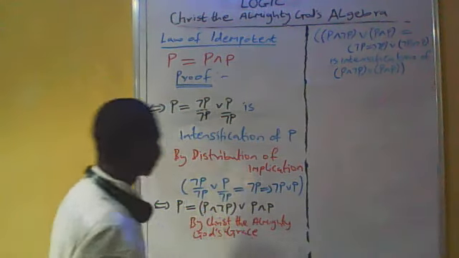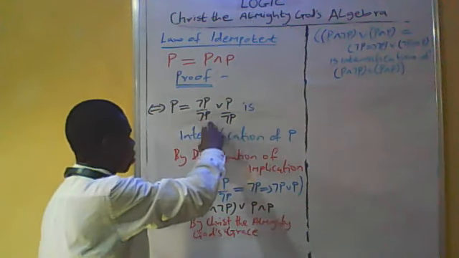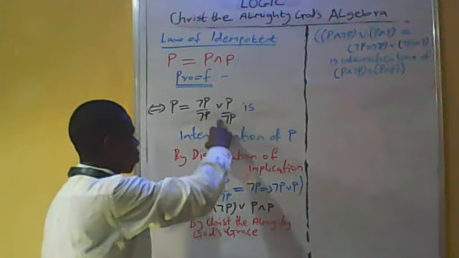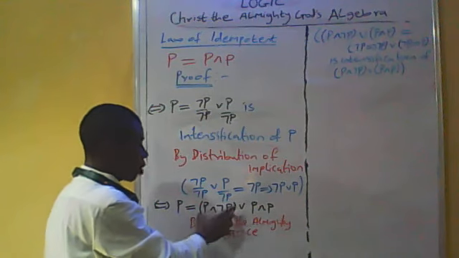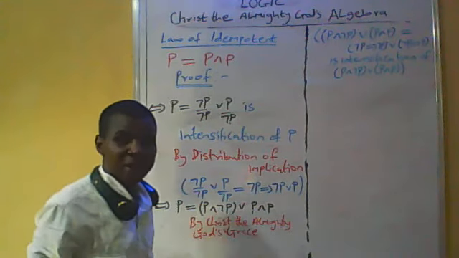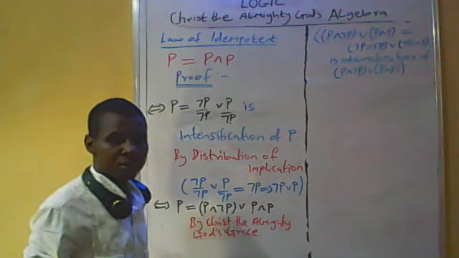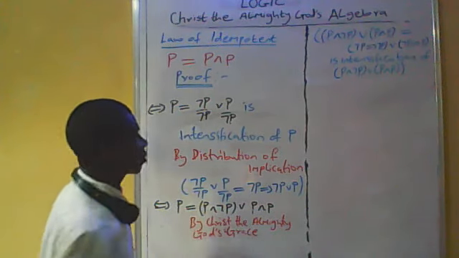That means this not P upon not P, or P upon not P, is equal to (P and not P), all the brackets, or P and P. By grace. That's why I say it is intensification. So it's by grace.